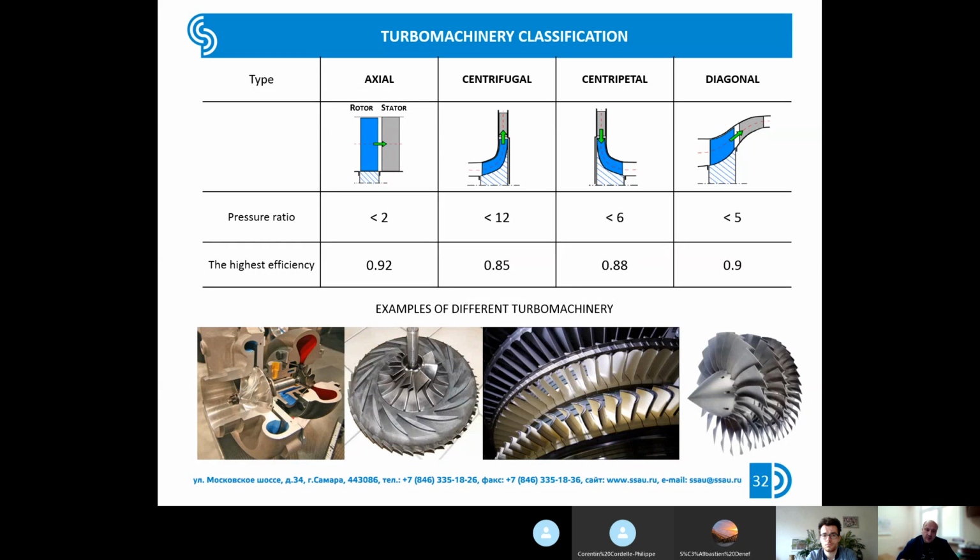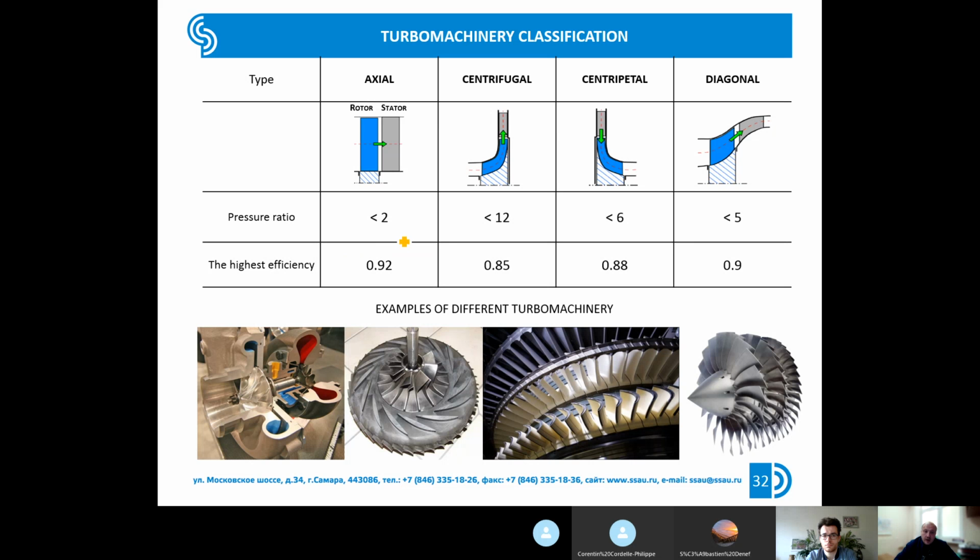Of course, if you look at this picture, you will see the pressure ratio, and you could say, we know that in a modern engine the pressure ratio must be 14, 50. It's true, but we are speaking about the parameters of only one stage. We are not discussing multi-stage turbomachinery here.